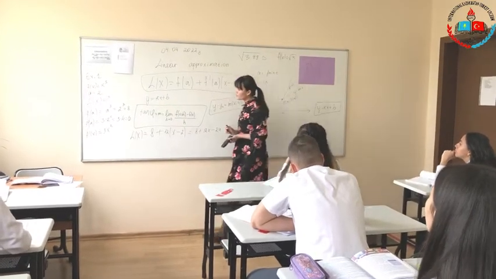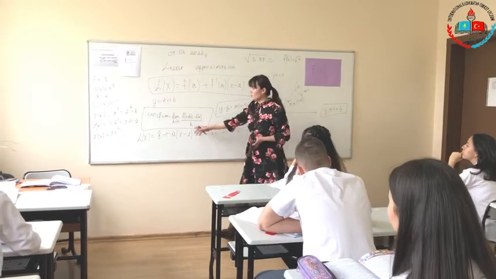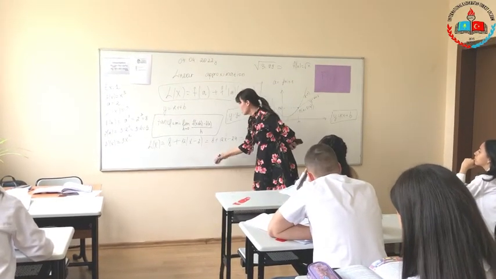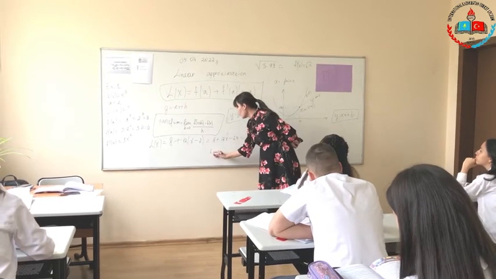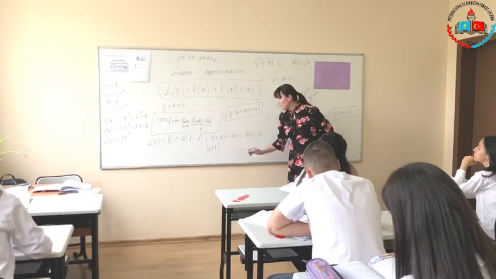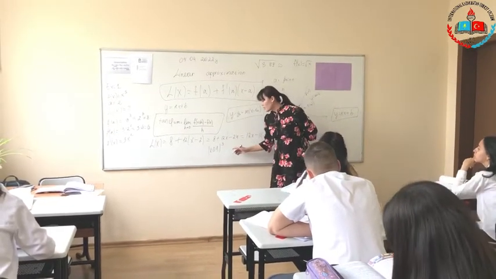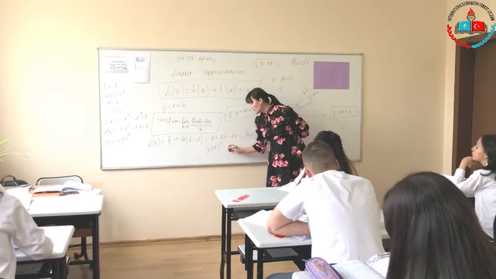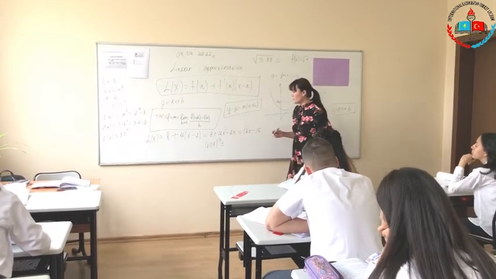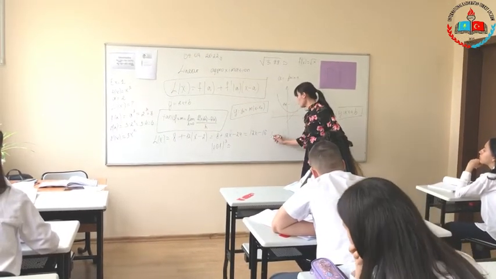I'll use this example again. To find, for example, 1.01 to the power of cube, the approximate meaning of this number. What is it? So instead of x, a is equal to 1.